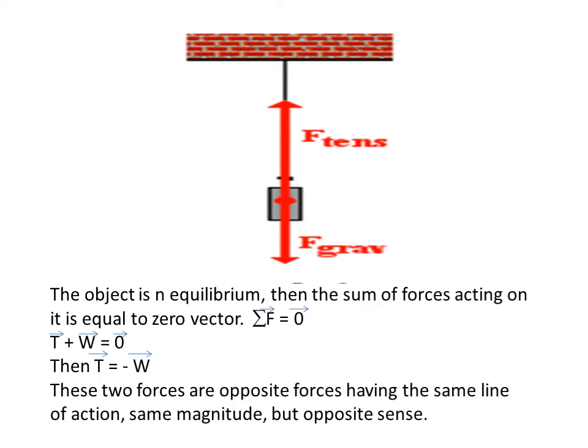As for the tension, the point of application is the point where the object or the force is being applied on the rope or the string or spring. The direction is along the rope, and the sense is opposite to the weight, vertically upward.